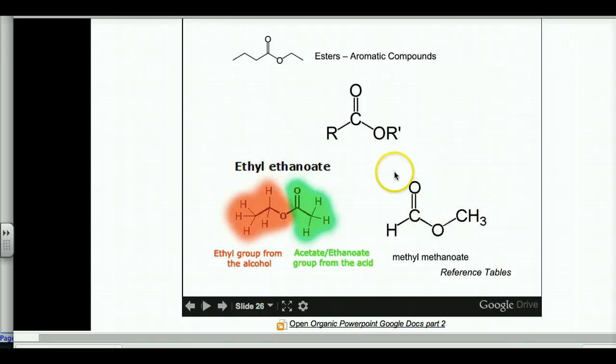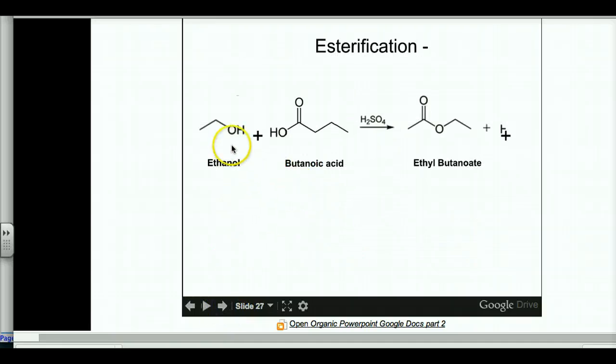Now we name esters by how they're made. Let me explain. If I take an alcohol, this is a 2-carbon alcohol, and I take butanoic acid, remember this is a carbon, this is a carbon, this is a carbon, this is a carbon, for 4, and you push them together and water comes out, that's where that water should be.